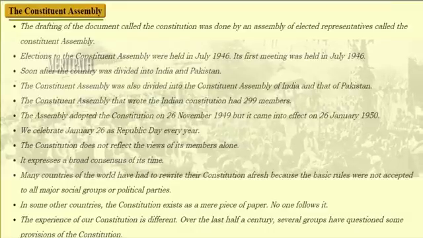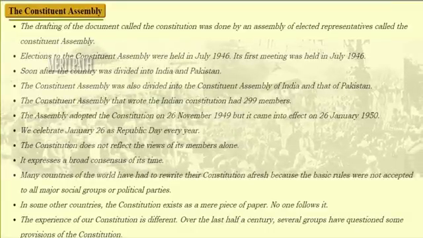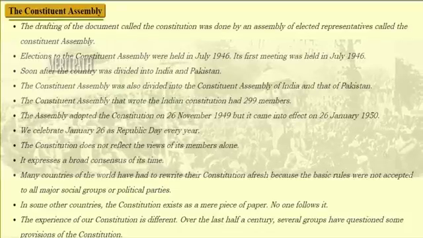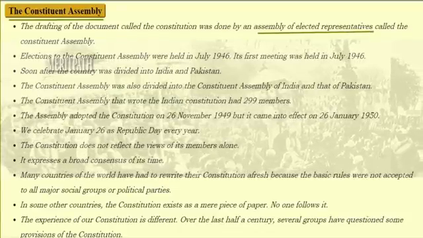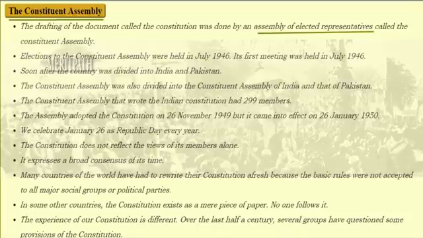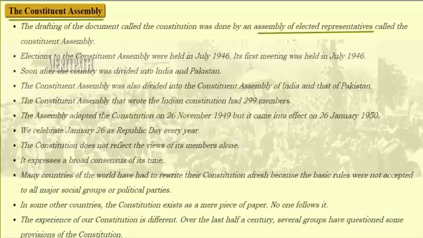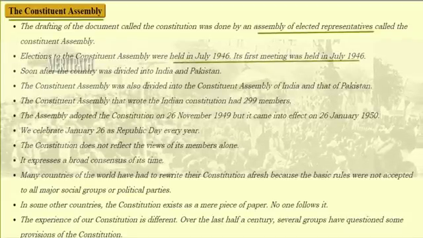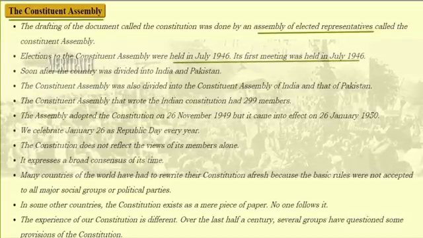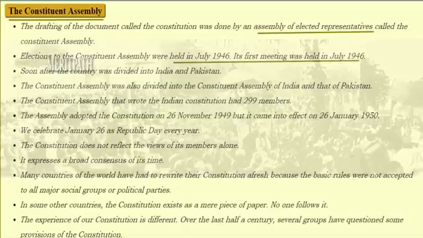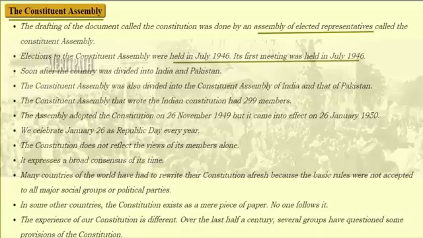Next is the Constituent Assembly. The drafting of the document called the Constitution was done by an assembly of elected representatives. They are known as the Constituent Assembly. The elections to the Constituent Assembly were held in July 1946, and the first meeting was also held in July 1946. Then the country was divided into India and Pakistan.